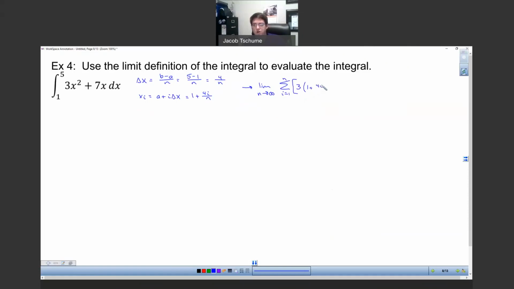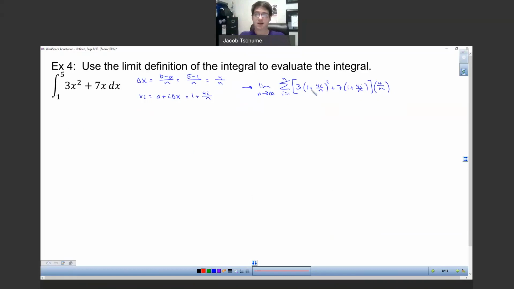So it would be (1 plus 4i over n) squared plus 7 times (1 plus 4i over n). And all of that is multiplied by delta x, which is 4 over n. And up until this point, we have just stopped here. For the first time now, we're going to actually work this all the way out. So get ready for a lot of algebra here.